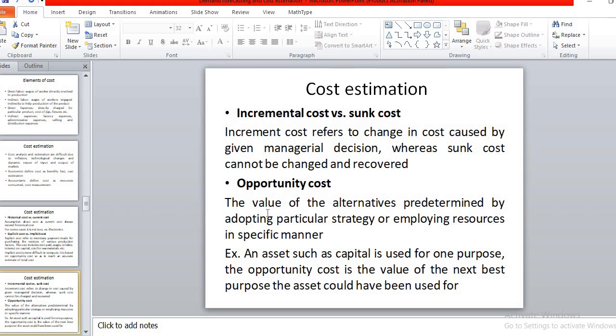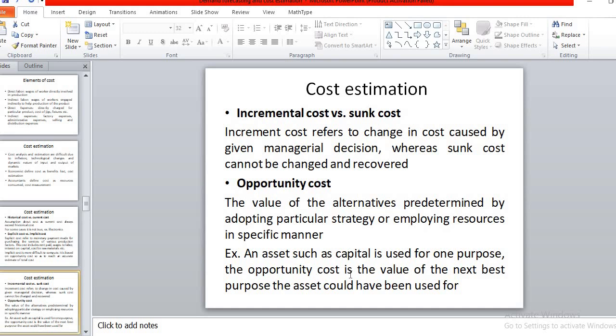And now opportunity cost. Opportunity cost is the value of the alternative forgone by adopting a particular strategy or employing resources in a particular manner. For example, an asset such as capital is used for one purpose.